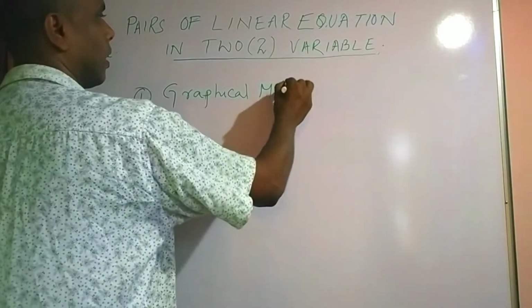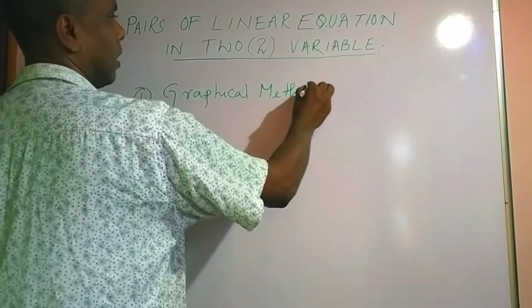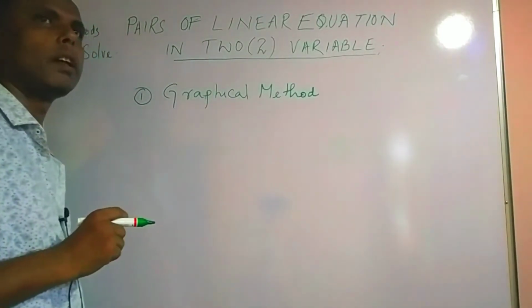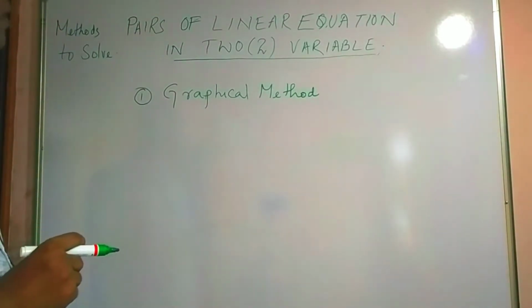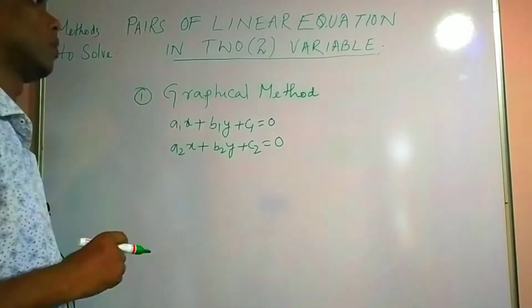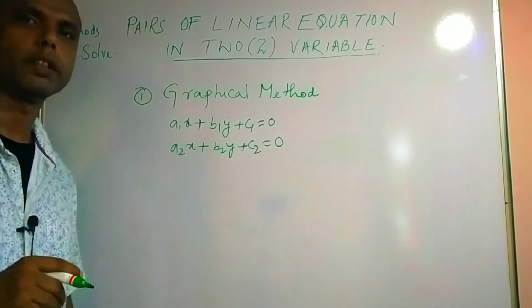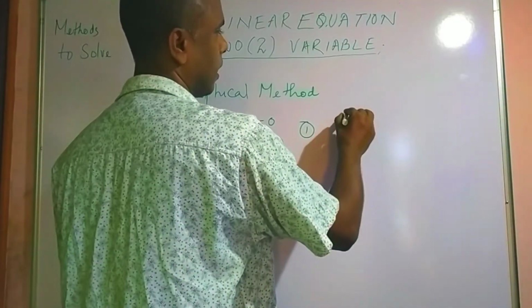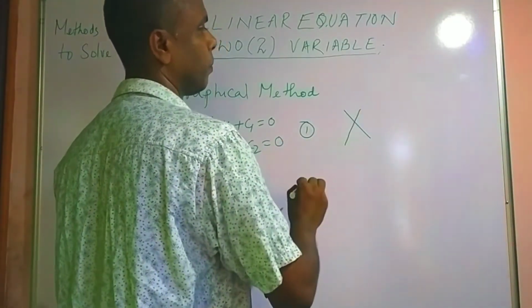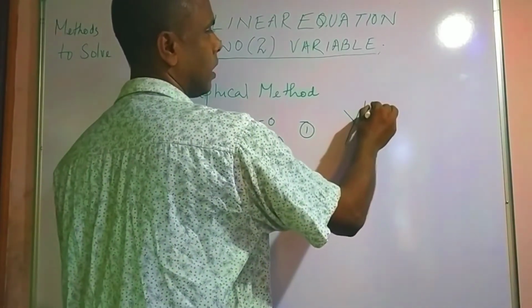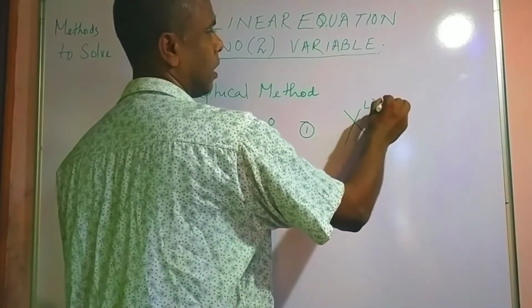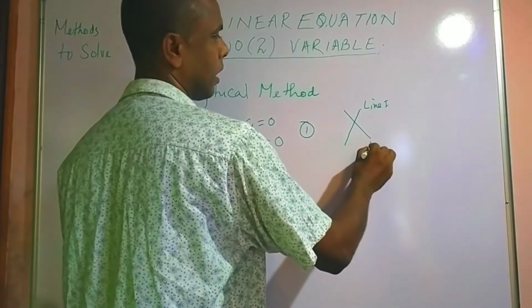First one is our graphical method. In graphical method, when we solve this pair of linear equation, we get three conditions. We get graph in this form. This is the line 1 and this line 2.